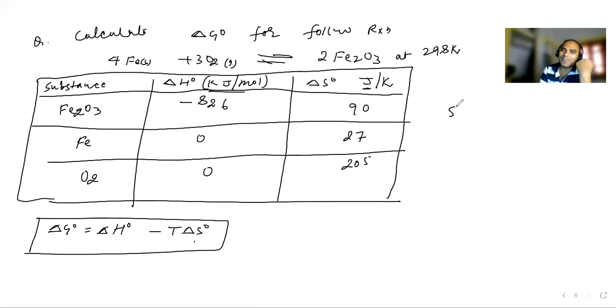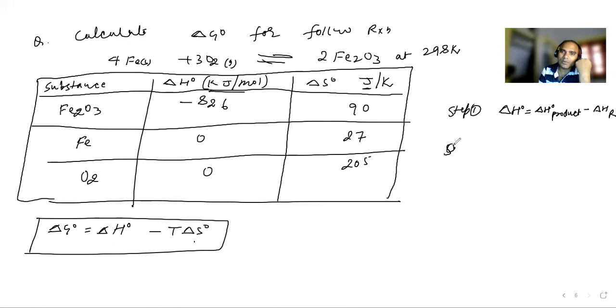Step number one, you have to find delta H, which is product minus reactant. This is the first case.